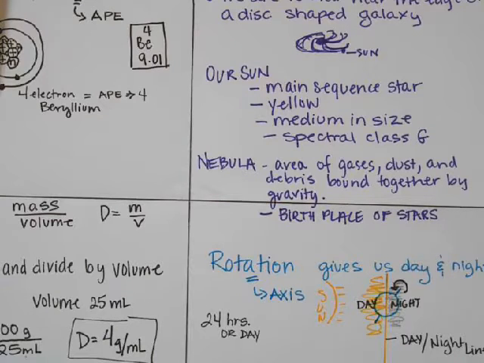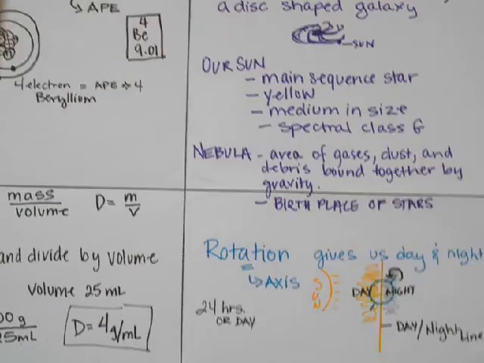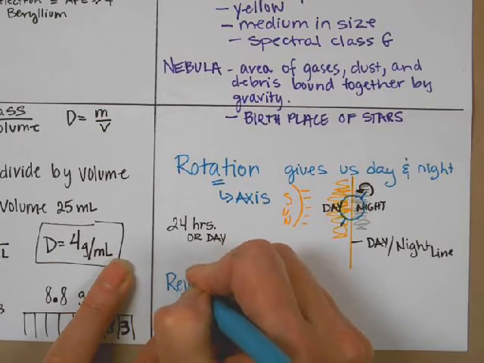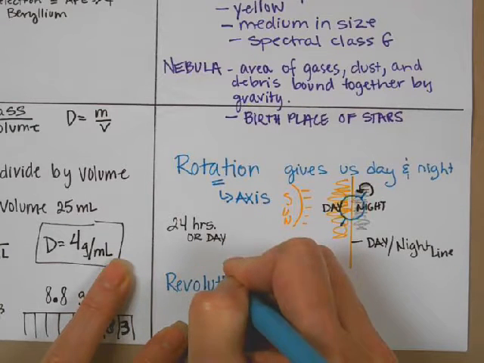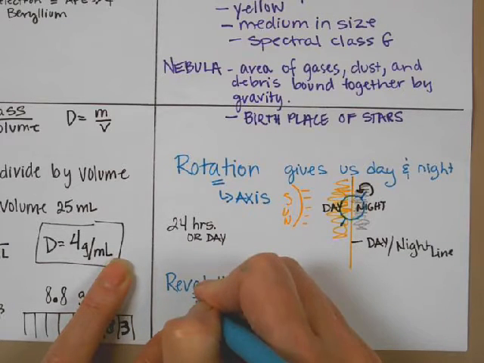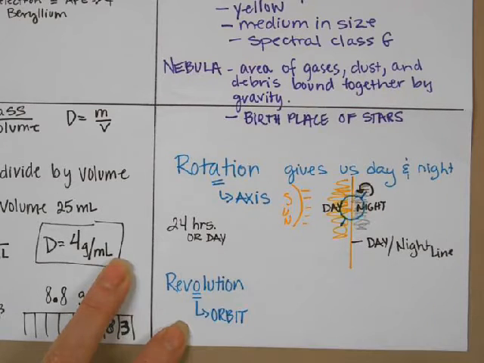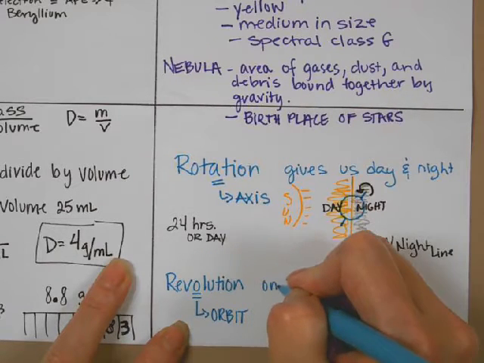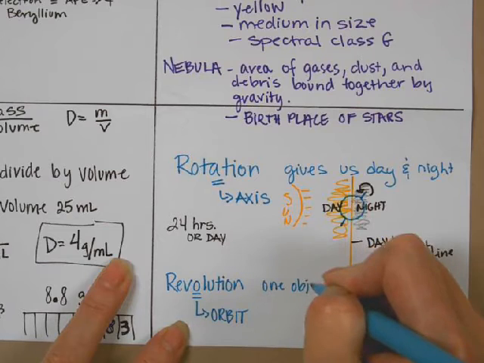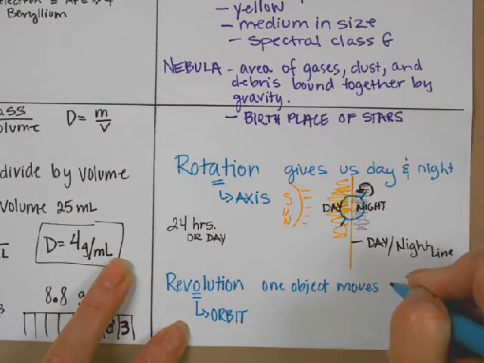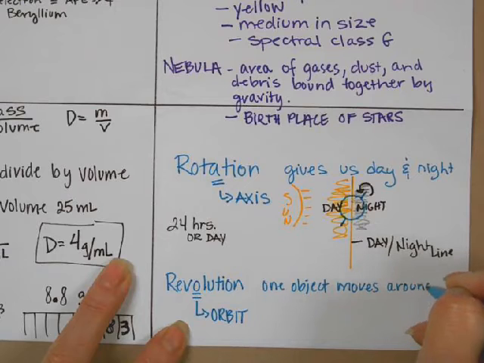To revolve, remember, meant to move around another object in space. So revolution, O for orbit, is one object moving around another object.